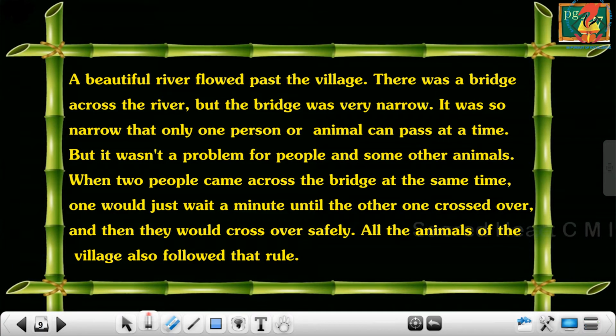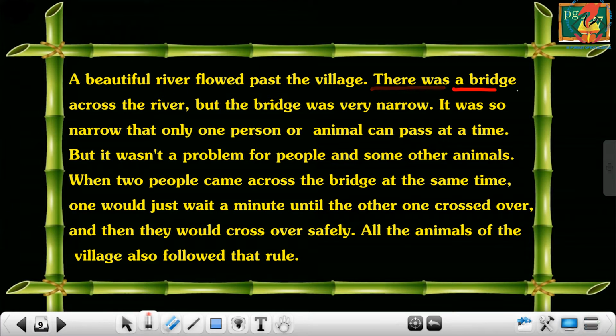Now, next paragraph. A beautiful river flowed. Here you have W, so you have to round your lips. Flowed past the village. Repeat, past the village. There was a bridge.